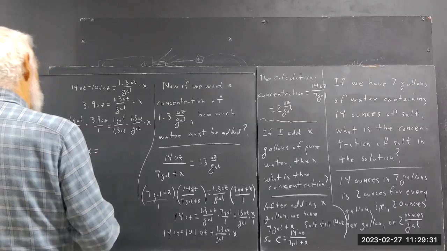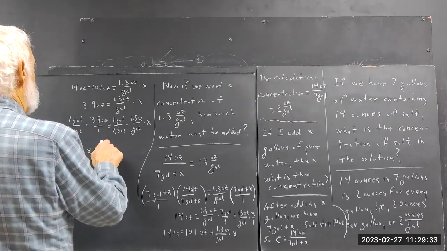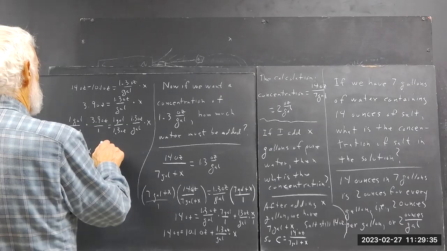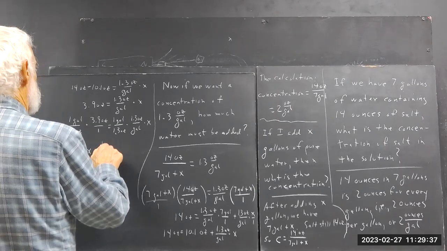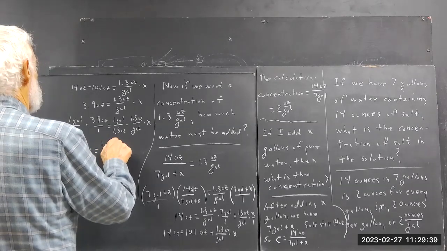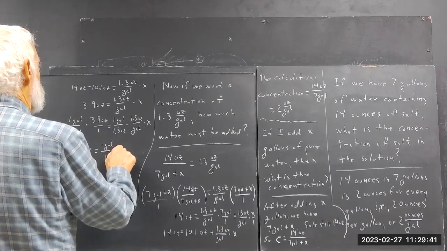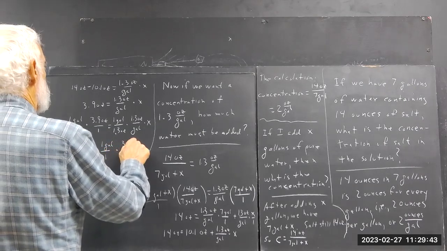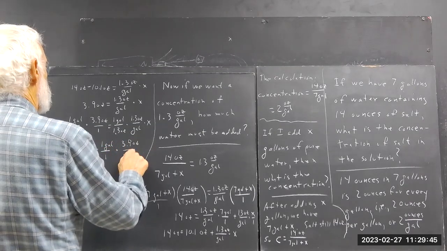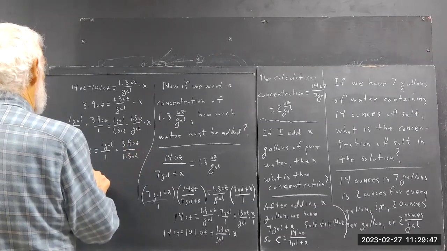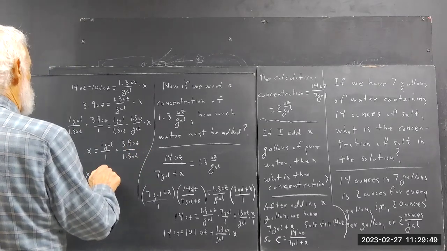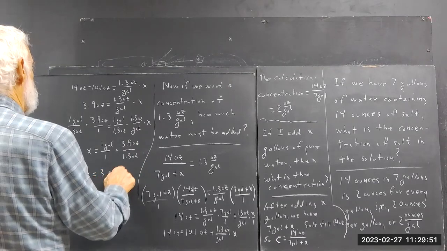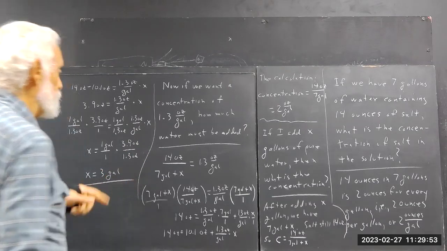I'm going to write that step out because it was a little weird. We find that X is 3 gallons.